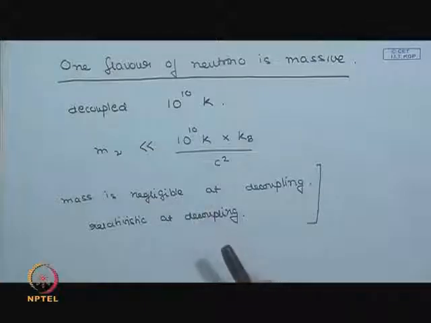We have studied this. So, once the neutrinos decouple, all that happens is that the neutrinos free stream, and the density in phase space is frozen, and each momentum essentially scales as 1/a.